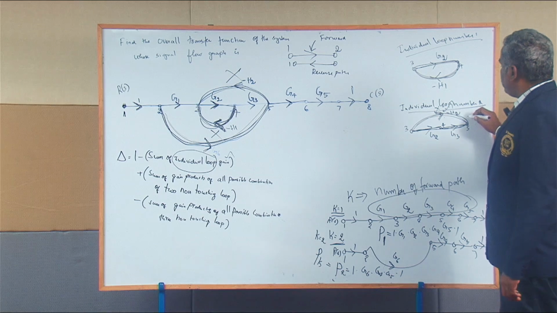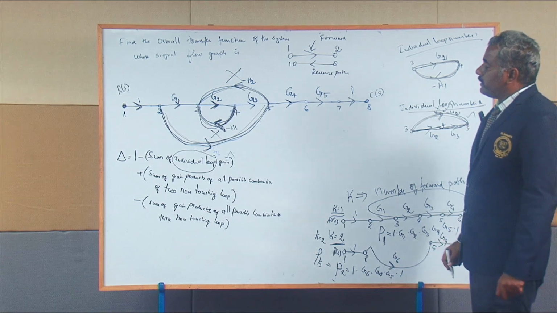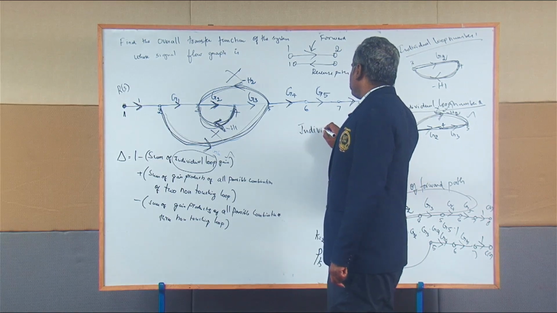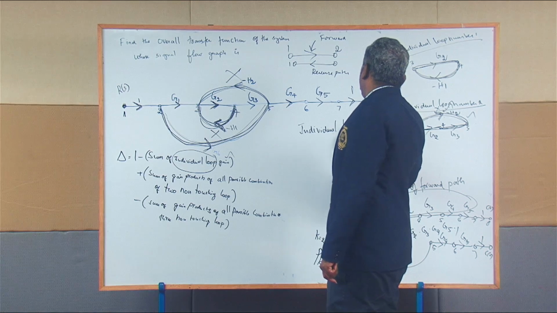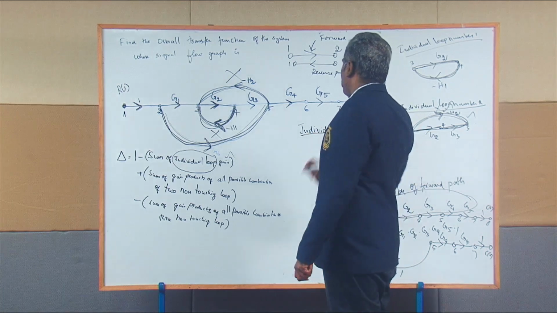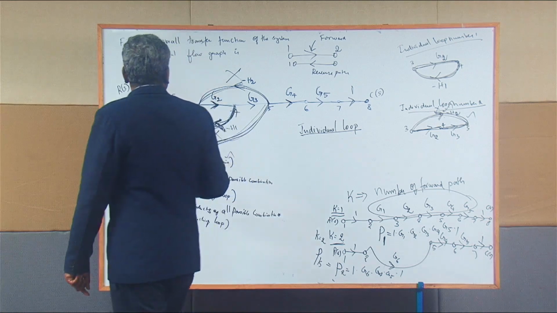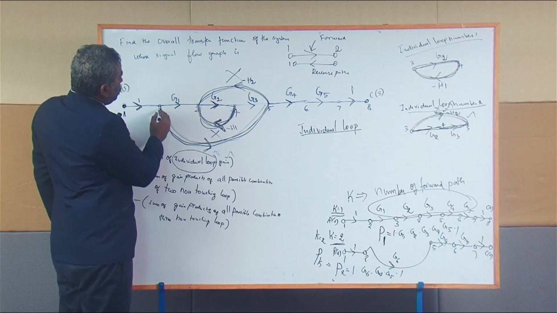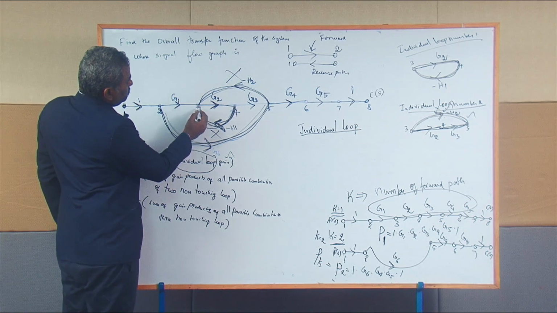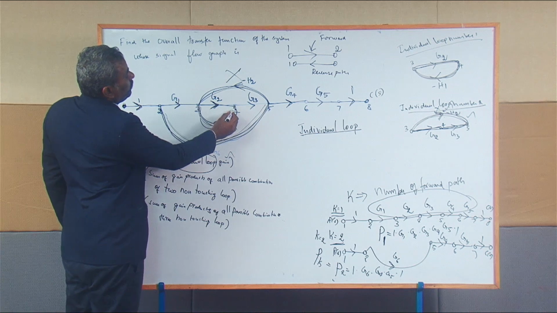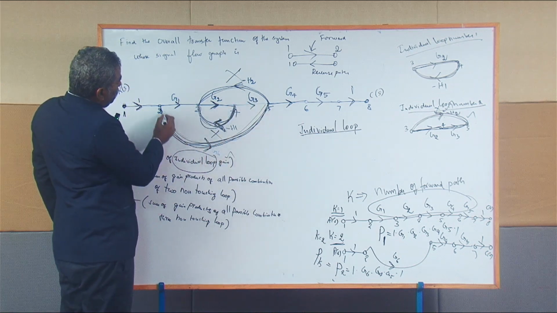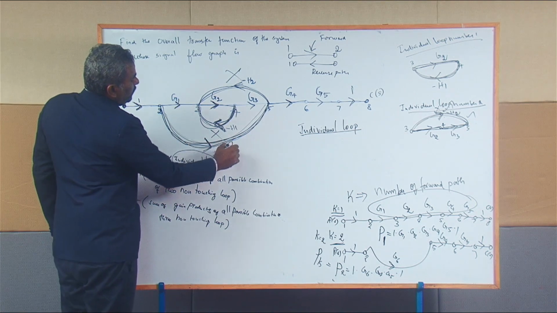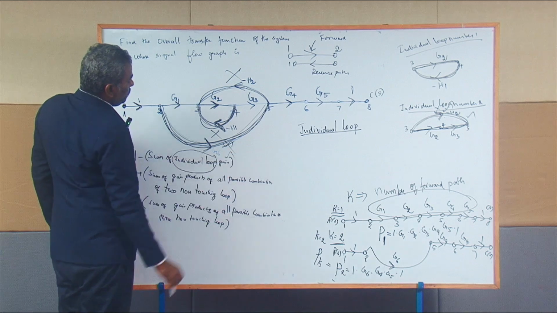Then the second individual loop has been given, and now the third individual loop. You need to check all possible combinations of individual loops. For a third possible combination you may check 2 to 3, again 3 to 4, 4 to 5, and this loop is in the opposite direction combined, so it will never come.